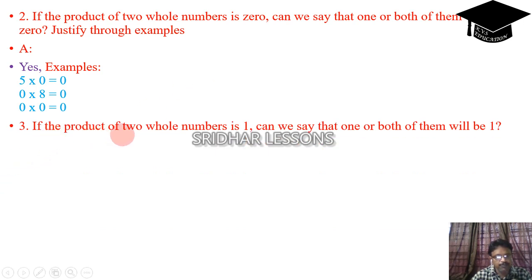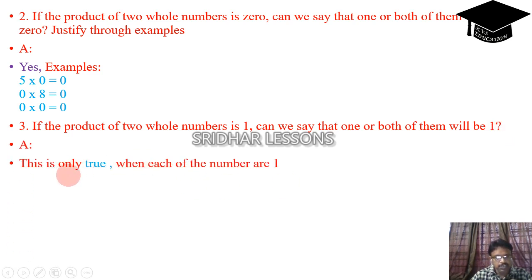Third problem, if the product of two whole numbers is 1, here it is 1 instead of 0, can we say that one or both of them will be 1? Tell me students, what is the result? This is only true when each of the numbers is 1.